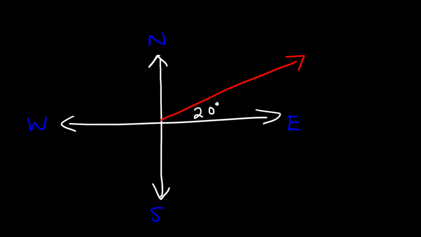You want to use the angle between the direction line, or the direction vector, and the north-south line. The 20 is between the direction vector and the east line, which we don't want. So this angle has to be 90 minus 20, which is 70. Because the angle between the north and east lines is always 90. So this is the angle that we need to use. So it's going to be north 70 degrees east. So relative to the north line, you're traveling 70 degrees towards the east.